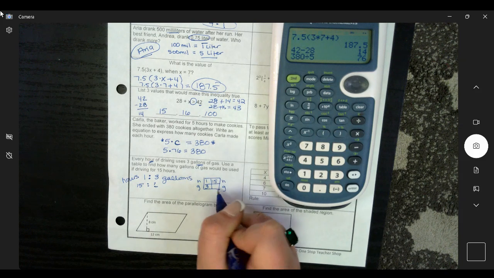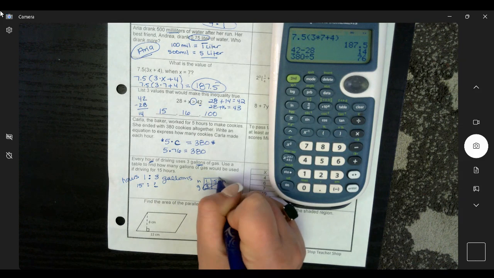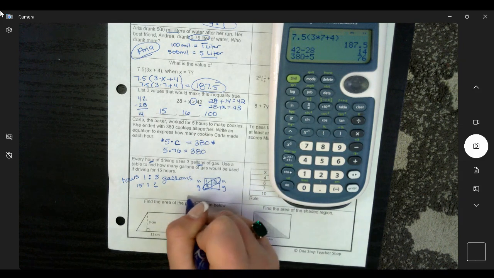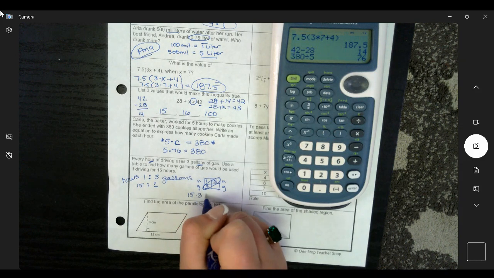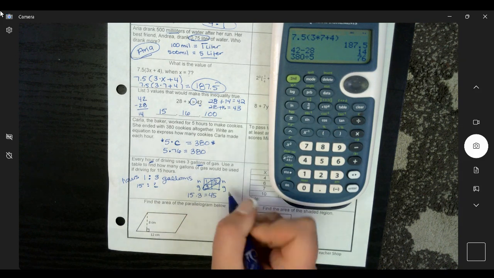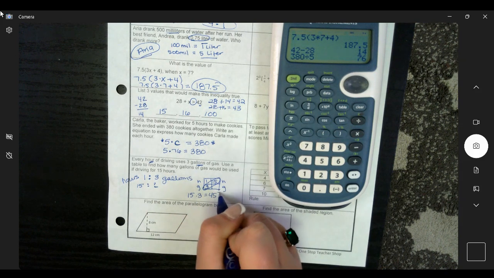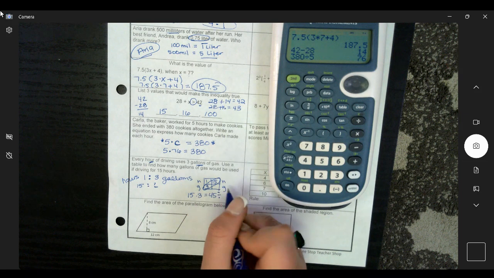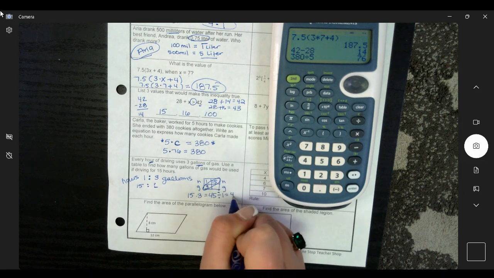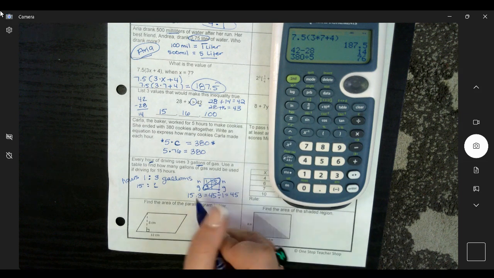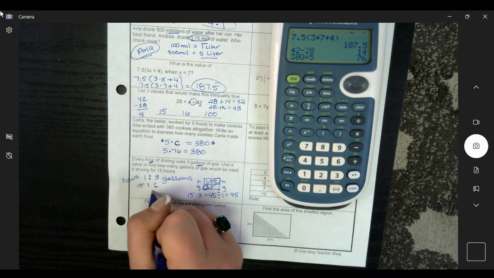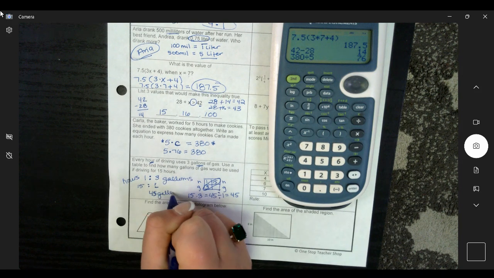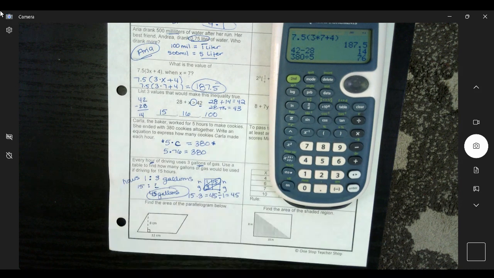And to solve for this empty box, I would have to cross multiply 15 times 3, which would give me 45. And then I would divide it by the opposite box, which is 1, which is going to give me just 45. So that means in 15 hours, I'm going to use 45 gallons.